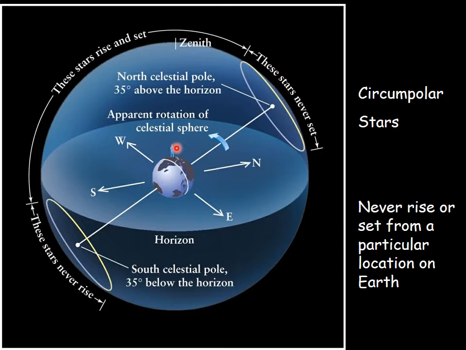Now if you're, for example, in Fort Worth or someplace, you look overhead. Overhead, the zenith, is 32 or 33 degrees north of the celestial equator.